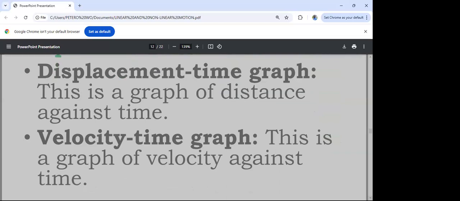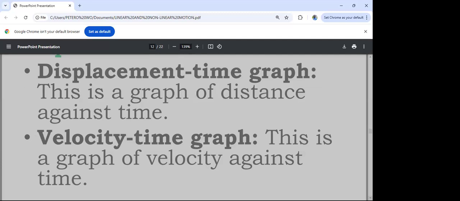But in physics, the most common graphs that you will find will be graphs of velocity against time, if they are motion graphs.